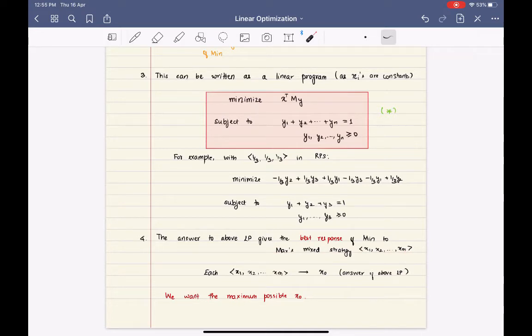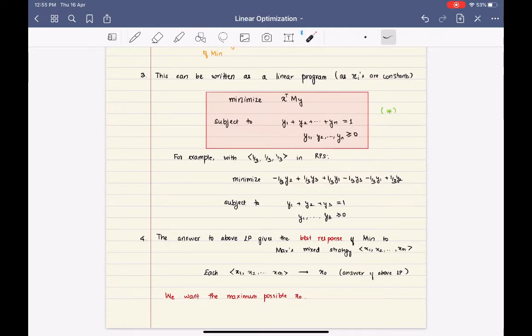For each given x1 till xm, we can write this LP and get an optimum value, say x0. Now among all the mixed strategies, we want the maximum over all x0s, and that is what will give us the max over min. So how do we find this maximum possible x0?